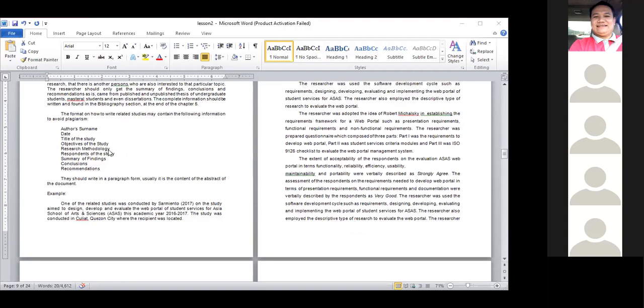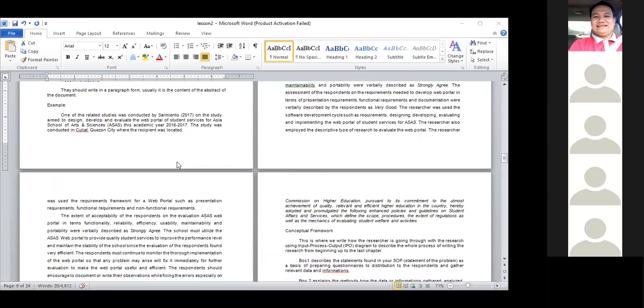So usually you look for the abstract, ano? Every published and unpublished thesis or dissertation provides an abstract, which will serve as the window of the research. So you do not go through the entire document or research. Just read the abstract of that document.